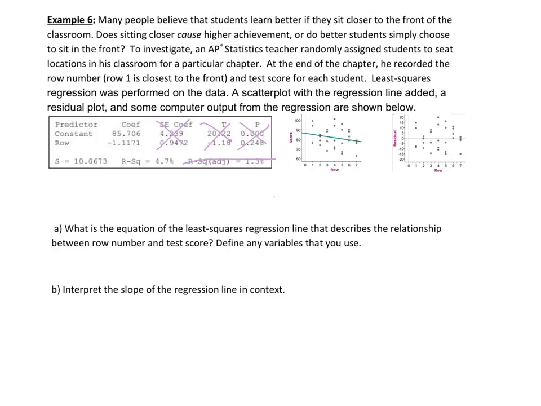So the S, I think I mentioned in the previous slide, it's the standard deviation of the residuals. The 4.7% is our R squared, which we did talk about earlier. So now, if you look at this part right here, they say predictor, and the predictor is going to be the two parts of the equation.